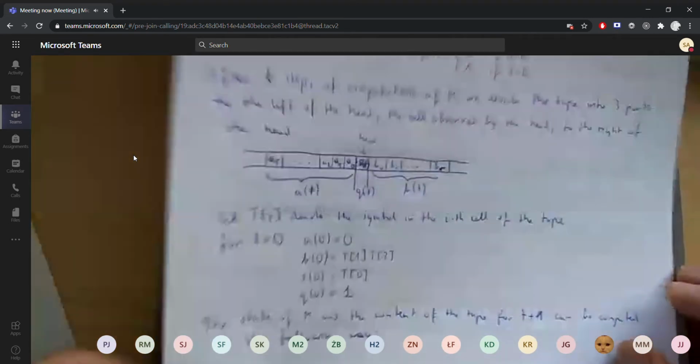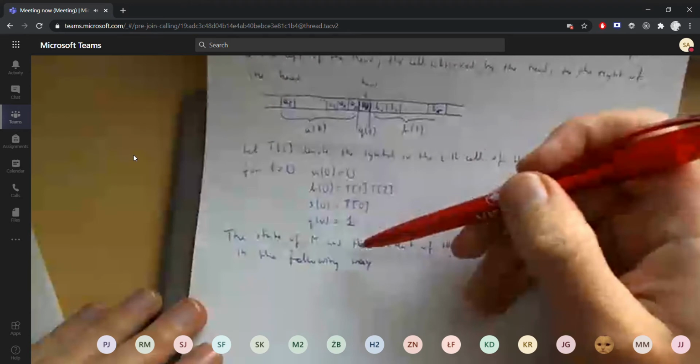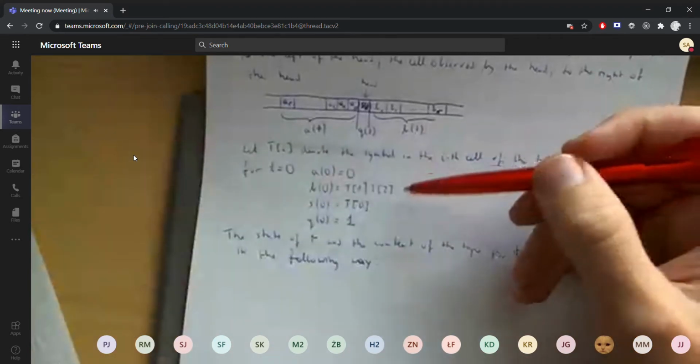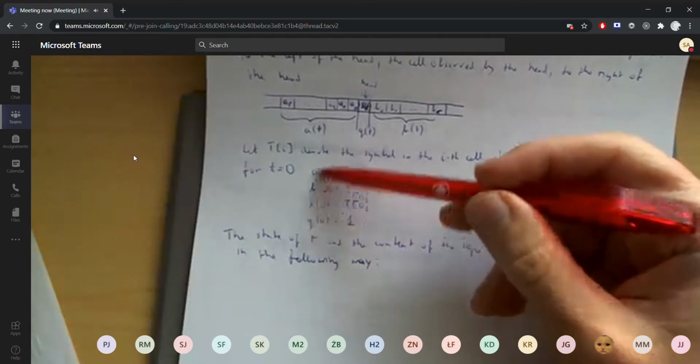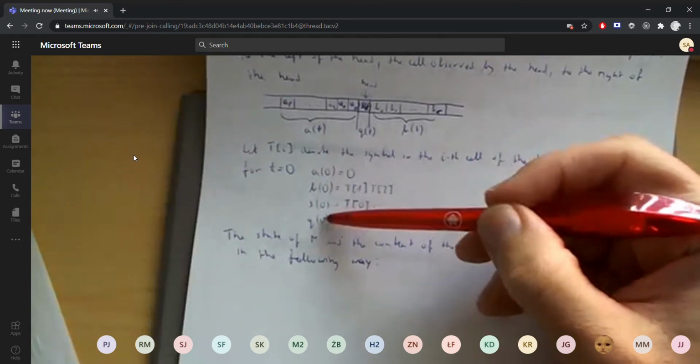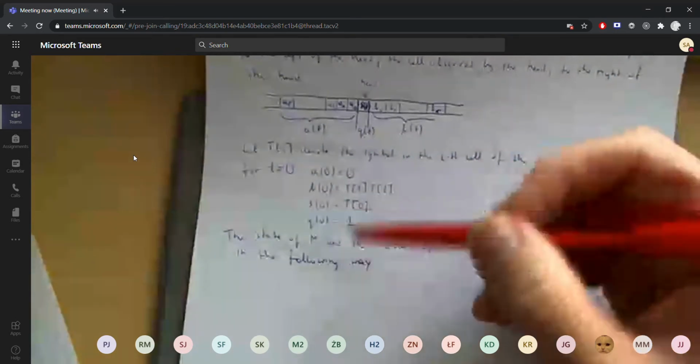So we are in some configuration, and we have to make one move. So assume that we have the values of these four functions for some moment t, and we will compute the values of these functions for the next moment t plus 1.